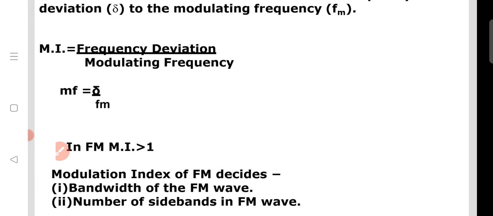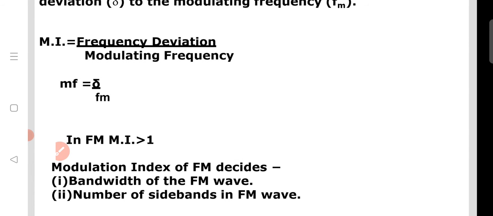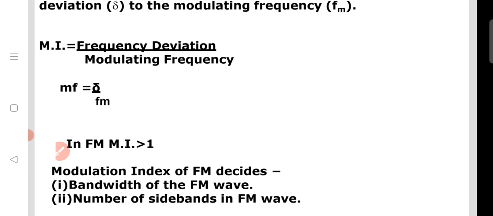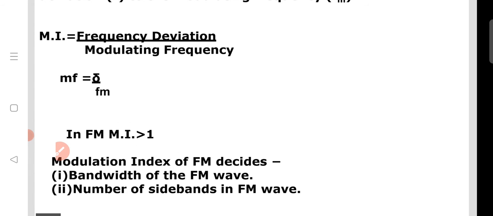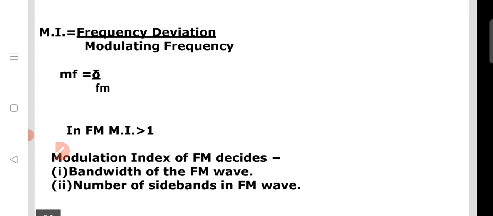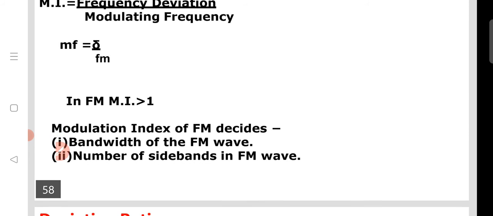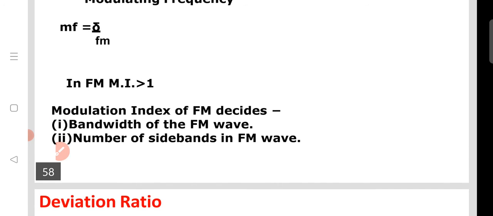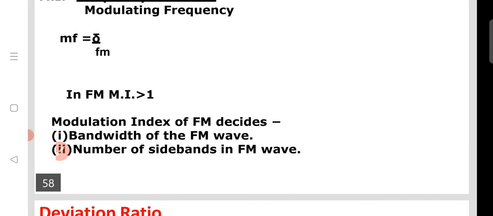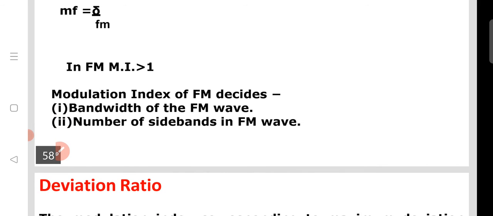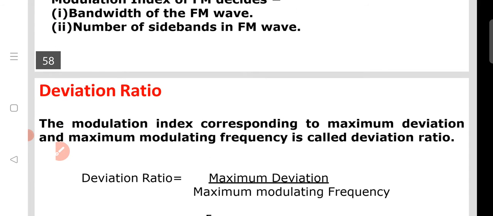So modulation index for FM equals delta by fm. This modulation index of FM decides the bandwidth of the FM wave and the number of sidebands in the FM wave. We will see that in the next class.